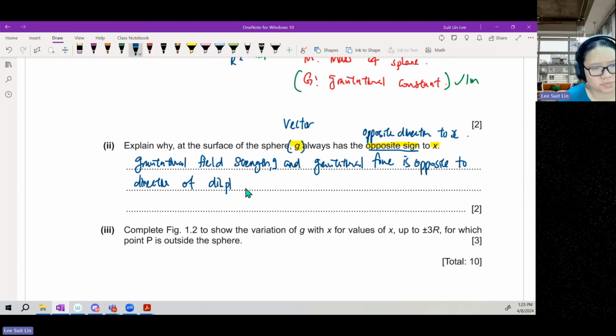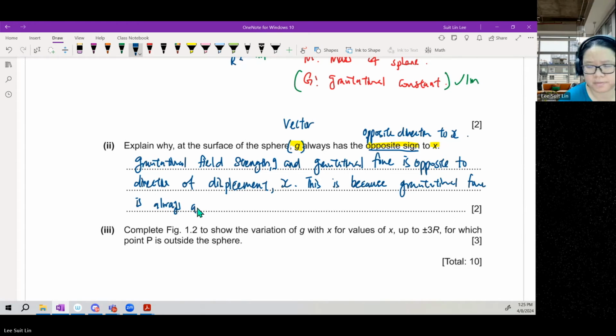This one is g, displacement x. This is because gravitational force is always attractive, or you can say always acts towards the center of the sphere.